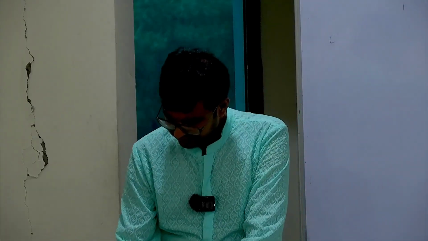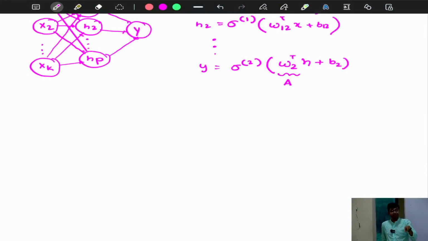In last class, we wrote y is equal to A transpose H plus B. Yes. So because I was using the same notation. So A was, I mean, this W2 you can always write as A, right? I use the A because remember last lecture I also talked about linear regression.